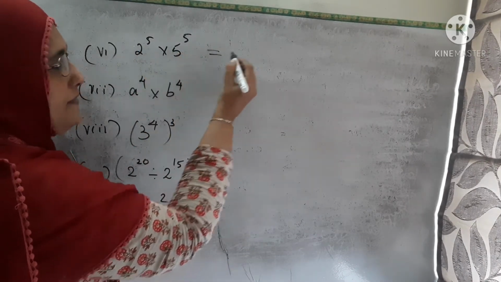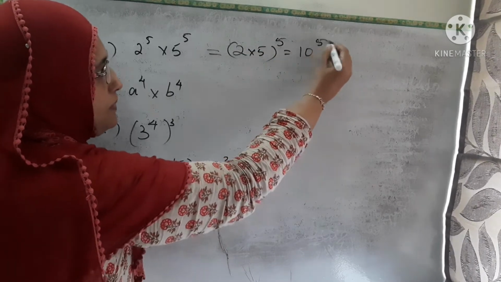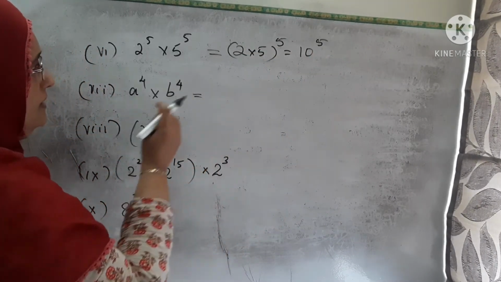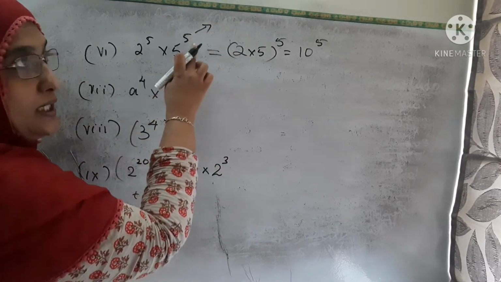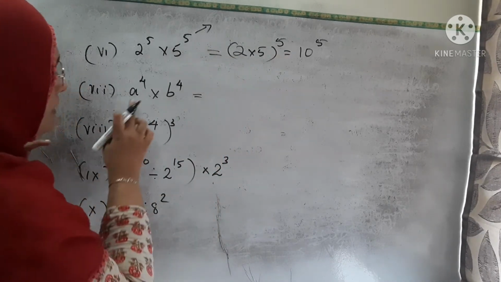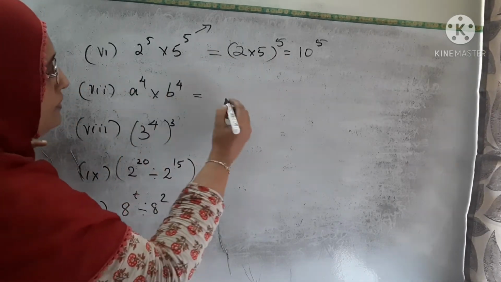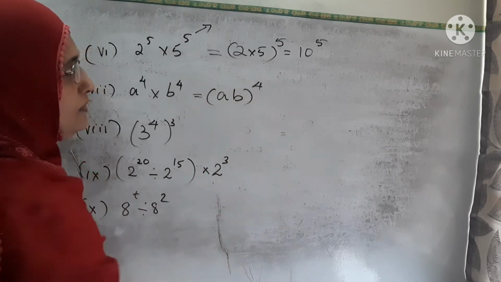Here bases are different, so 2 into 5 the whole raised to 5, that is 10 raised to 5. So which law came here? a raised to m into b raised to n... that is ab raised to n. Now next one, a raised to 4 into b raised to 4, ab raised to 4.